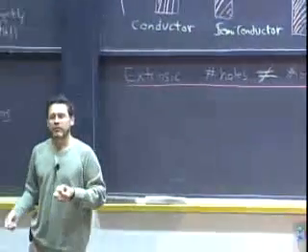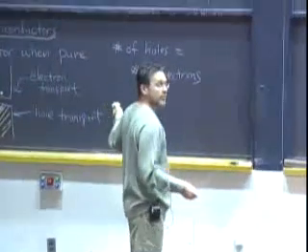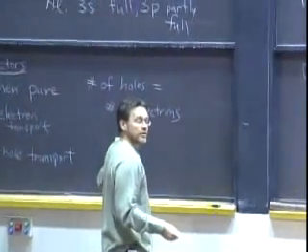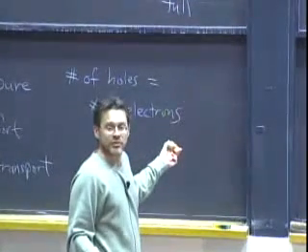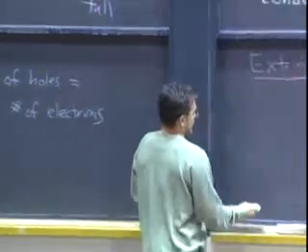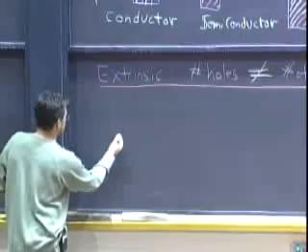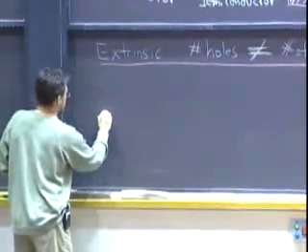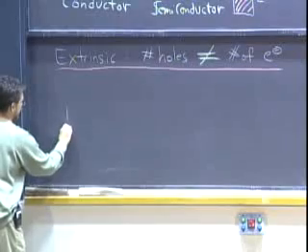In these extrinsic semiconductors, wherein you have differing numbers of holes and electrons, you're purposely adding a small percentage of impurities to your material. Okay, so let me draw two pictures to represent this. Here, I'd like to draw just a simple tetrahedron.